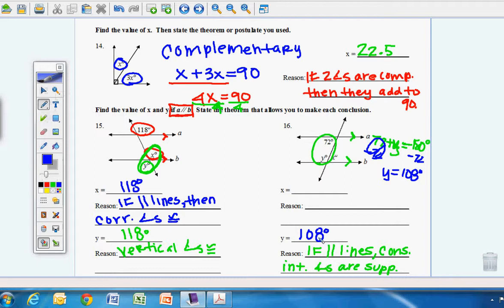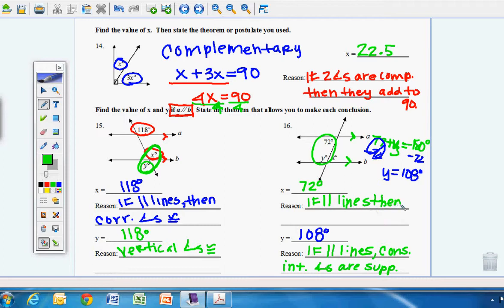So if I have parallel lines, then consecutive interior angles add up to 180. And then I need to figure out what x is. Well, there's two things that we could say. Either we can say that x is going to be 72 degrees, because if parallel lines, what kind of angles are those? Those are alternate interior angles.